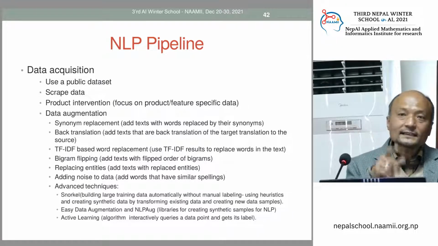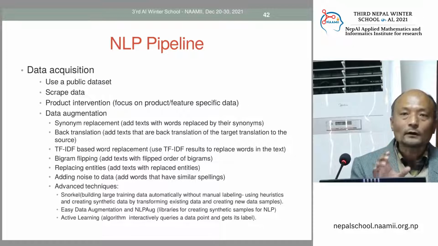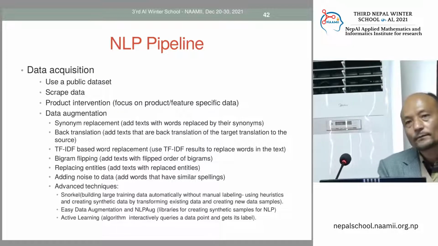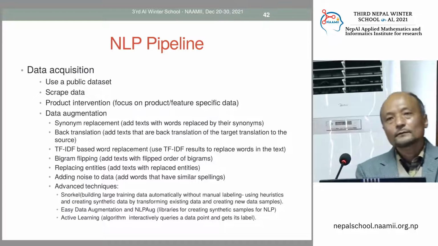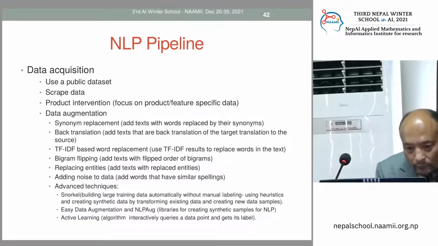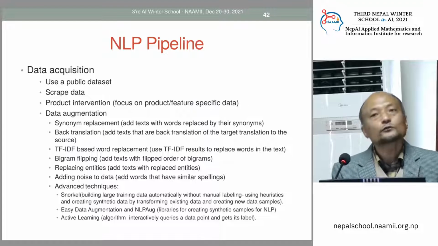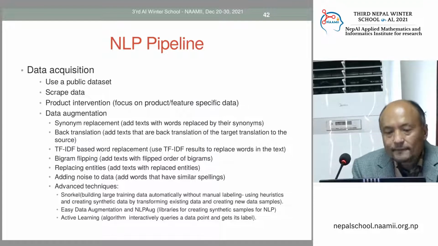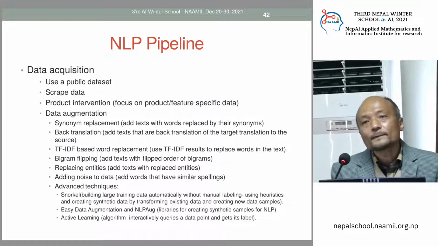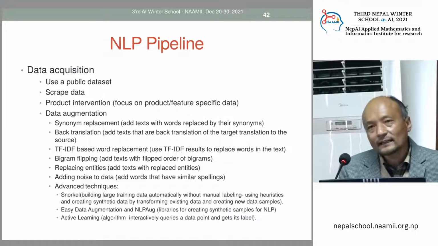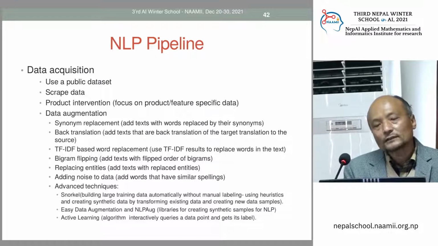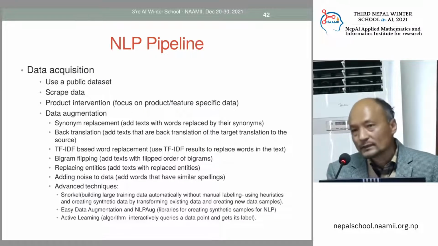That would add at least one more text in the English language. So that's one way of doing that, back translation: add texts that are back translations of the target translation to the source.